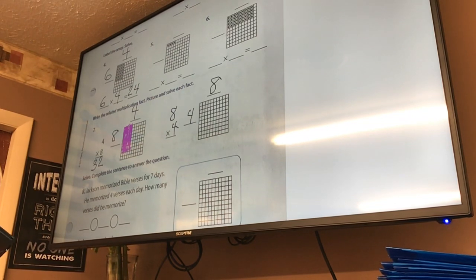So this time we are coloring it with 4 on the side. That's how we know it's different than the other one. And 8 across. And you color all of that area in.